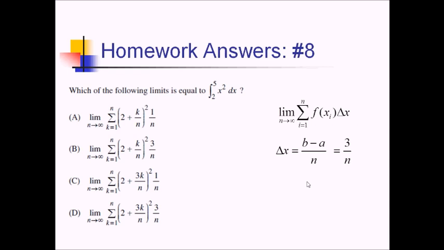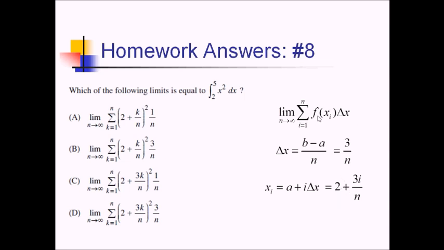Let's keep going though. So to get this xi, I need to do a plus i times delta x. So for this one, my a value is 2. So I have 2 plus 3i over n. And now I have to actually apply the f function to all of this stuff.